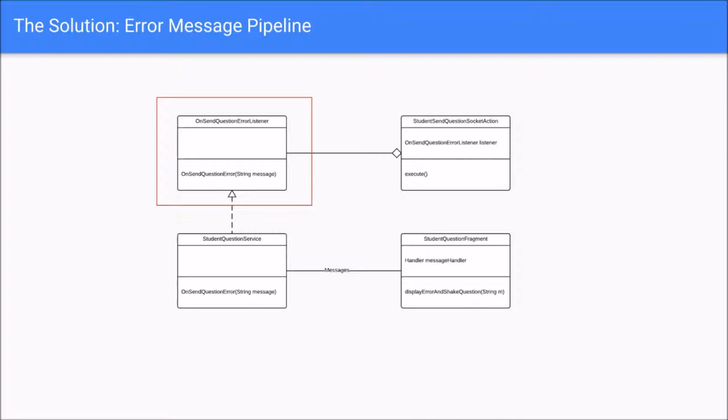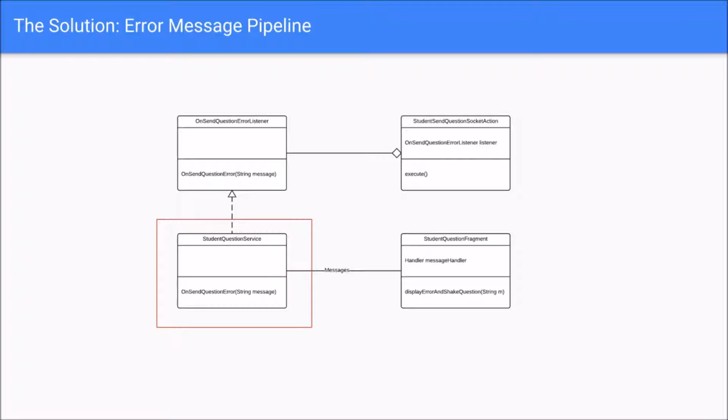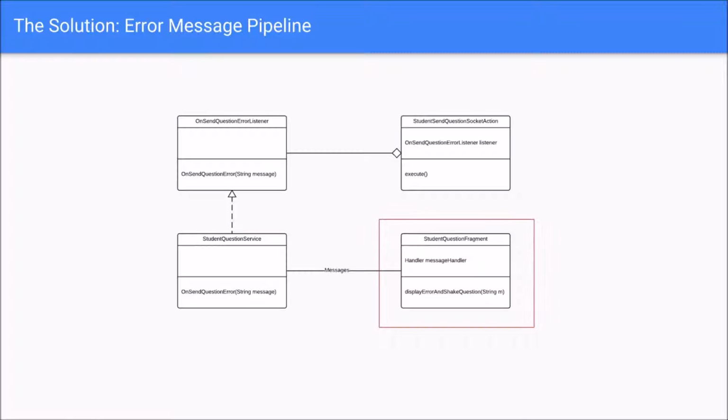The student question service implements this interface and allows whatever error message came up in the socket action to be passed directly through the built-in messages interface and the message handlers directly to the fragment. The fragment then handles the error message and the graphical display necessary to notify the user that there is a problem with sending the question.